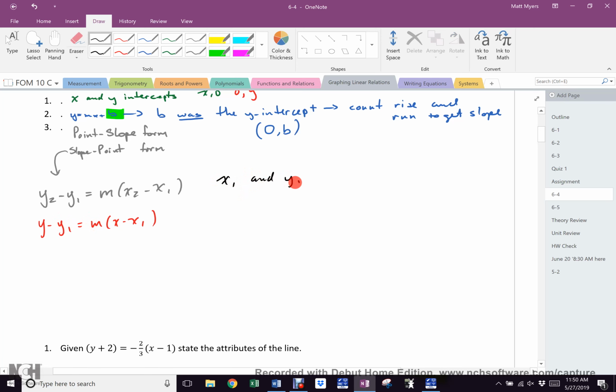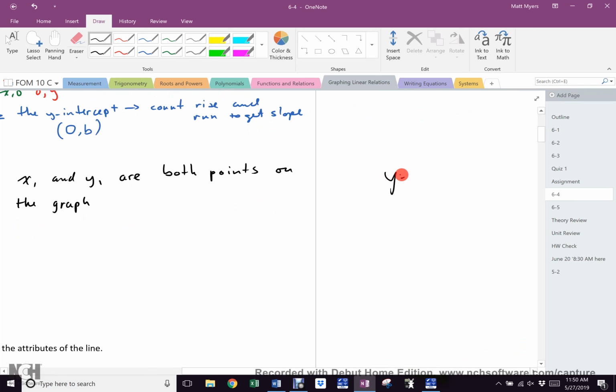Now the x1 and y1 are both points on the graph. Now what I mean by that is just like, and don't write this down, if I tell you this in slope-intercept form, 3x plus 6, do you know a point on the graph where you could start that line?